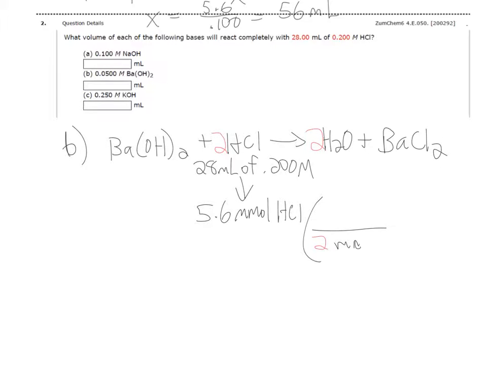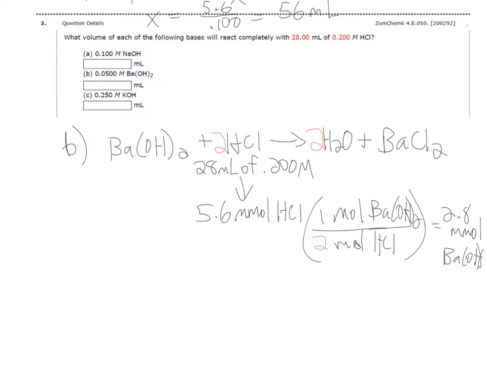That is, 2 moles of hydrochloric acid react along with 1 mole of the other reactant, barium hydroxide. That gives us a different number of millimoles required. 2.8 in this case, millimoles of barium hydroxide are required to react along with 5.6 millimoles of hydrochloric acid.